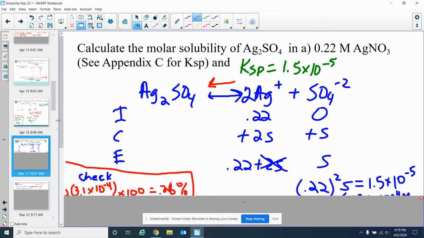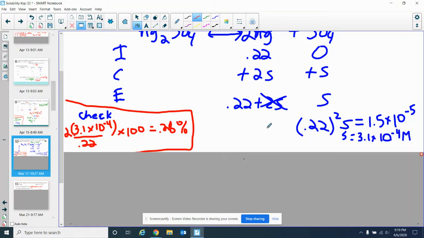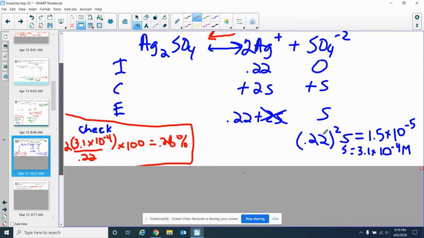Then I am going to solve for S. Again, there's two silvers, so it's the concentration of silver squared times the concentration of sulfate, which is S. So 0.22 squared times S equals the KSP, 1.5 times 10 to the minus fifth.